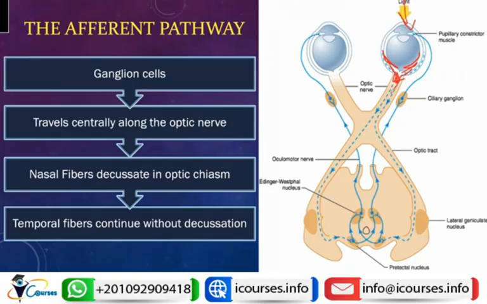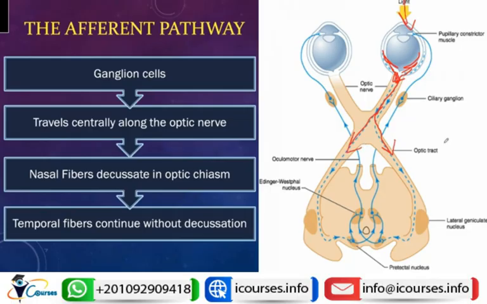So the light impulse will pass through the optic nerve, and here we come to the chiasma. At the chiasma, as we know, there is a decussation, so that the temporal fibers continue on the same side, while the nasal fibers decussate to the opposite side.